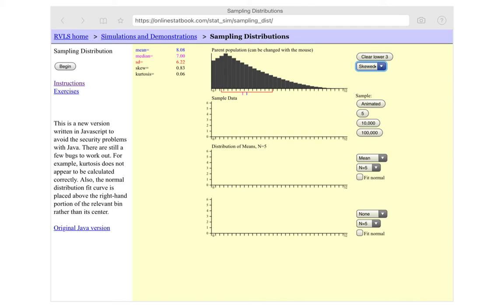Let me show you what's going on. We're going to draw randomly 5 objects from this population. Remember, the population has this skewed distribution, so we're more likely to get things to the left than to the right. If we do that, we should see that we took these 5 points here.